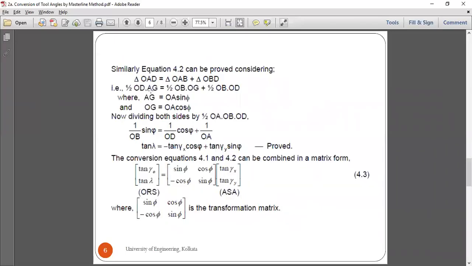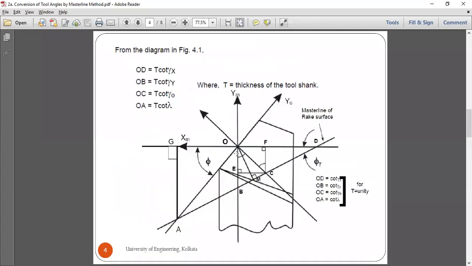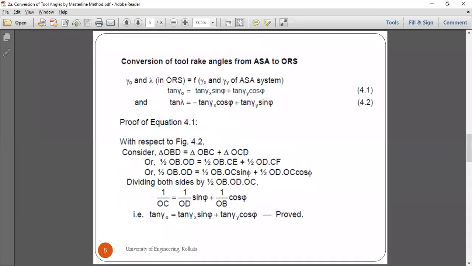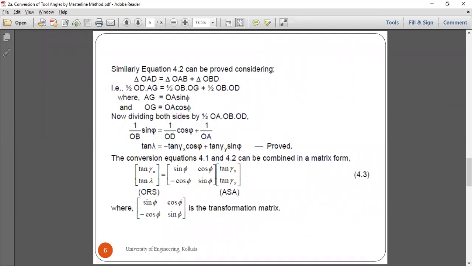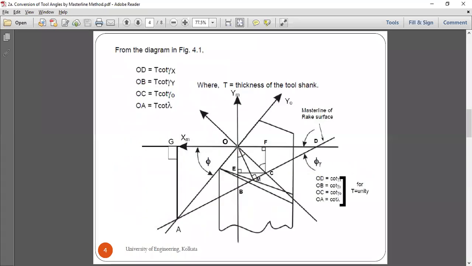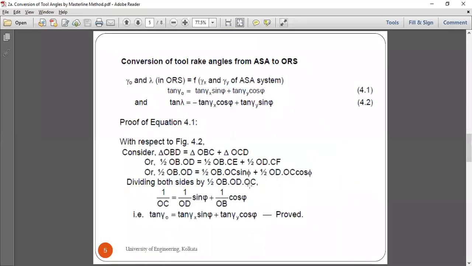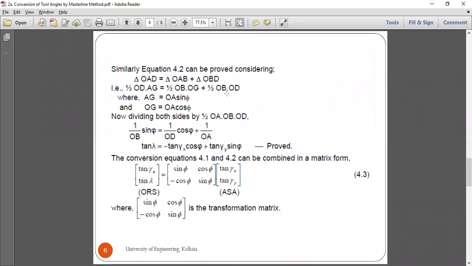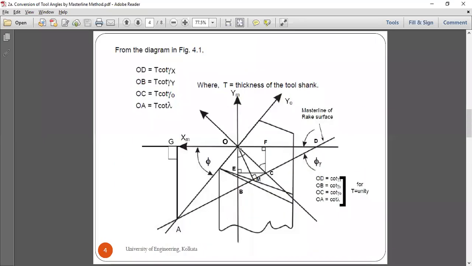Half into OD into AG equals half into OB into OG, which is OAB, this triangle. So this is the height, OB is the base. Again, half into OB into OD. This is easily found, this is a right angle triangle, OB into OD.